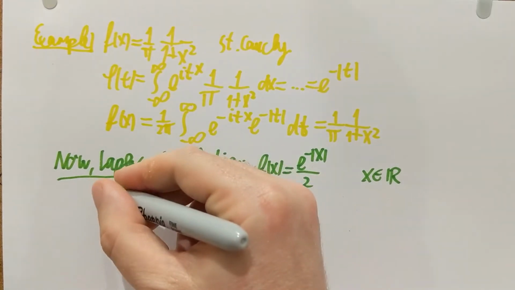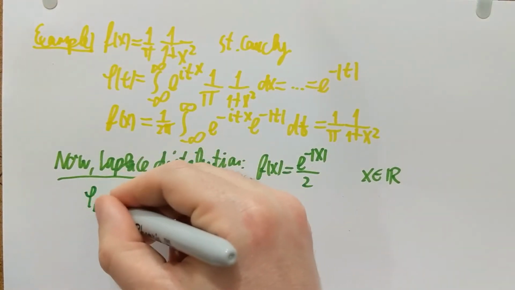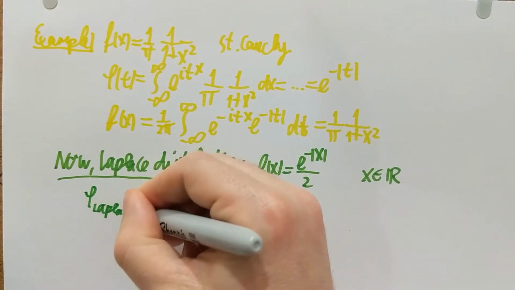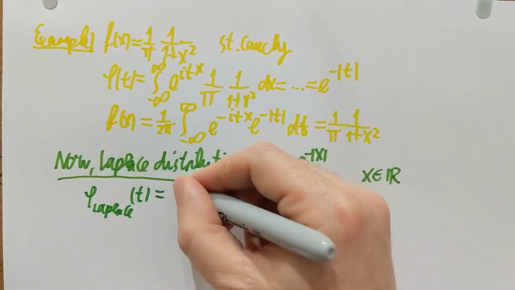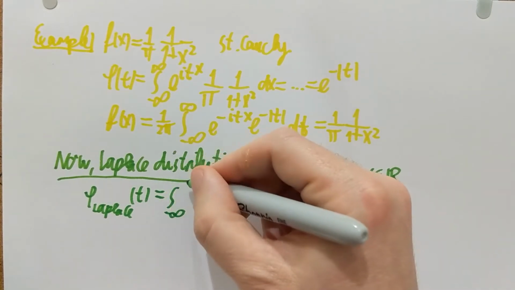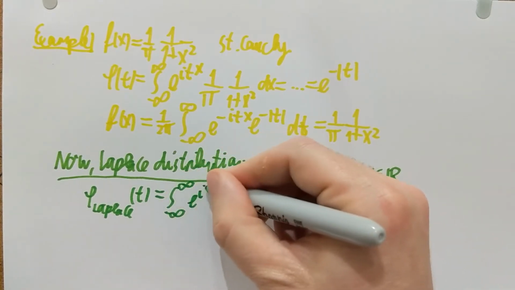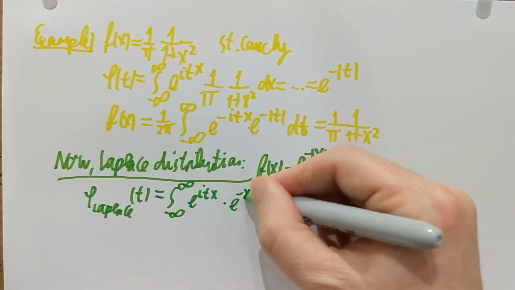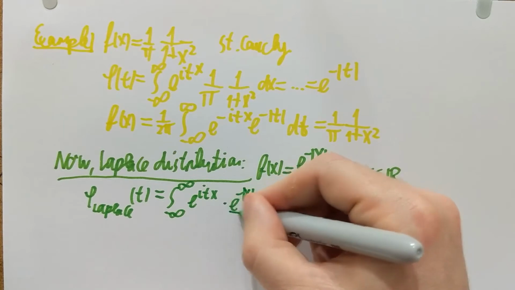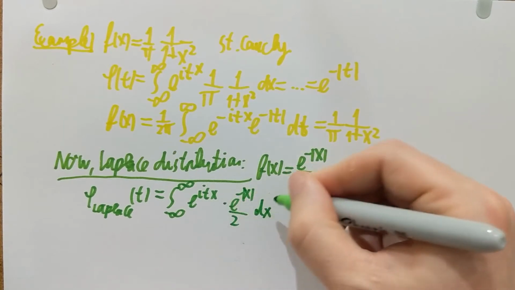I want to find out its characteristic function. So what is the Laplace characteristic function at t? That's the integral from -infinity to infinity of e to the itx times this density, e to the minus mod x over 2, dx.